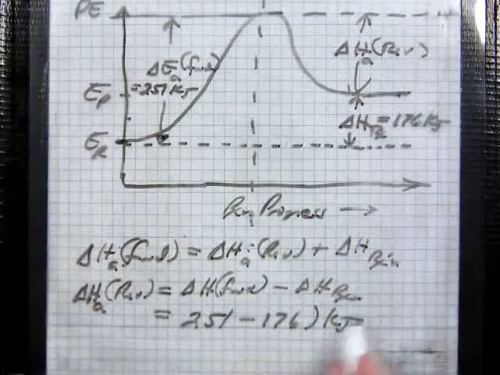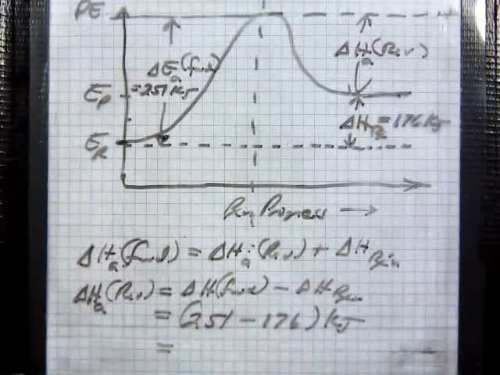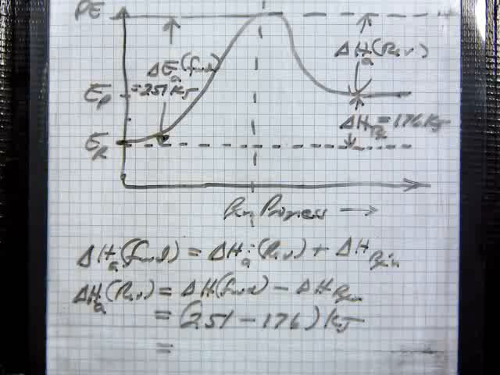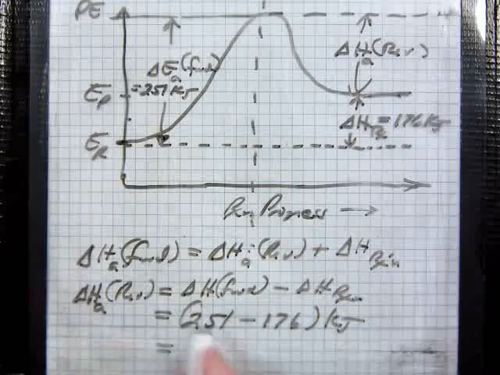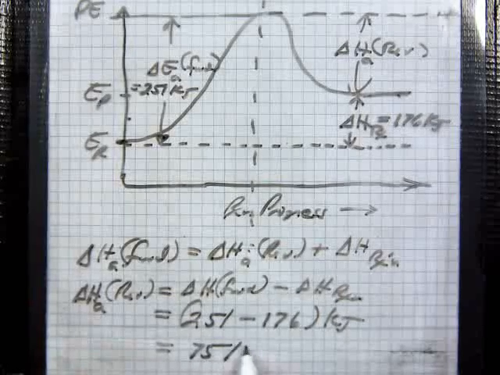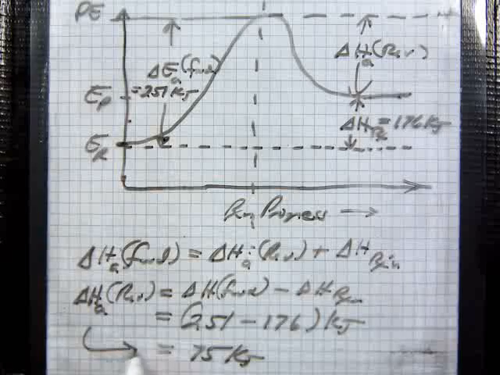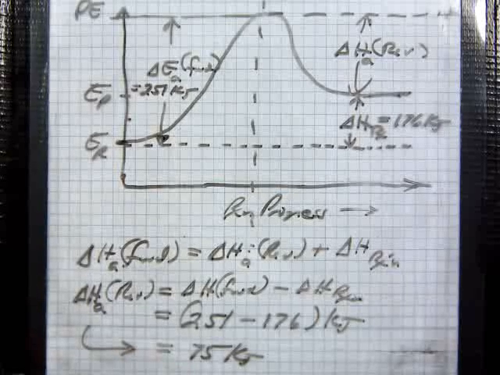Everything comes out in kilojoules, and even though it is endothermic, it'll come out with a plus value instead of a negative. All of the activation energies are positive. 251 minus 176, I get 75 kilojoules for the activation energy of that reverse reaction.